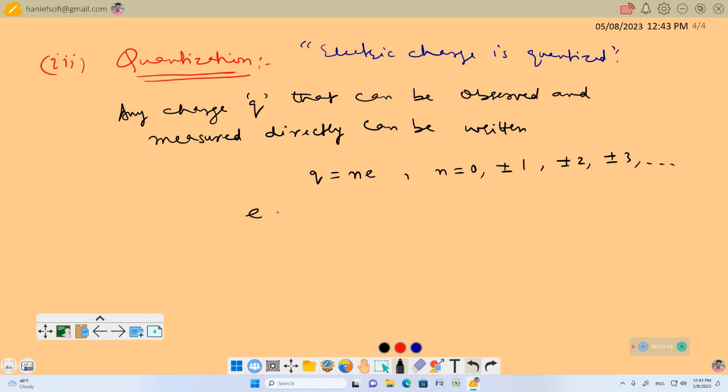And E is the elementary charge, which is the symbol for the value 1.602 times 10 raised to the power minus 19 coulombs. So this thing means the quantization.